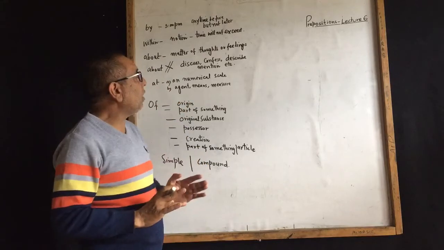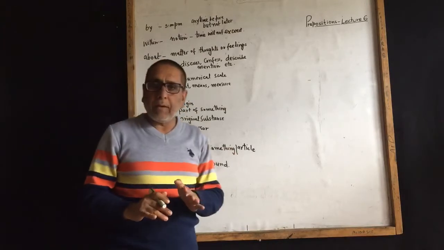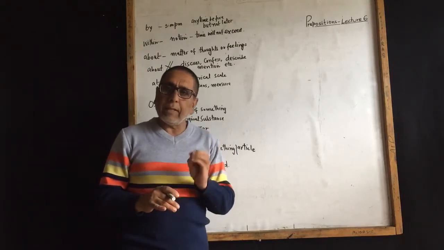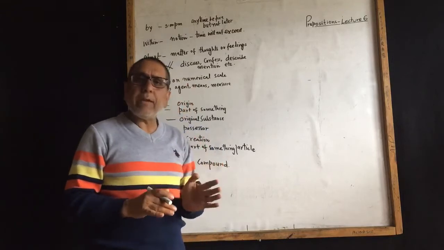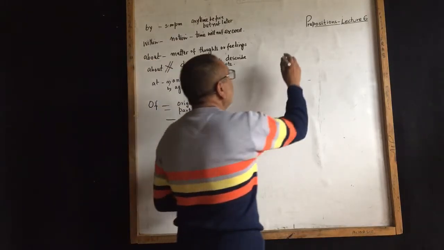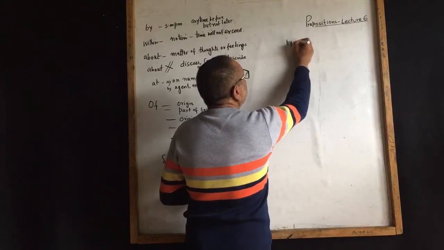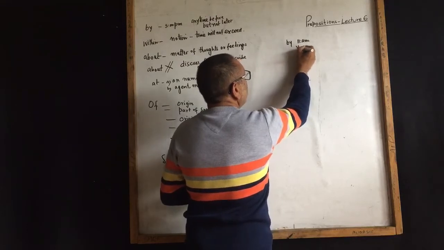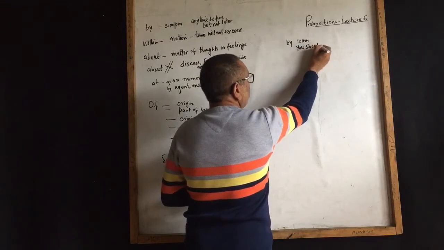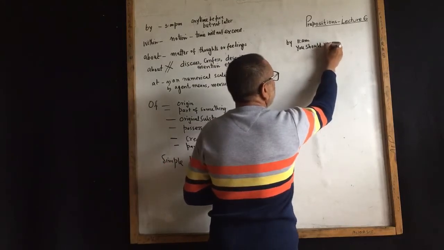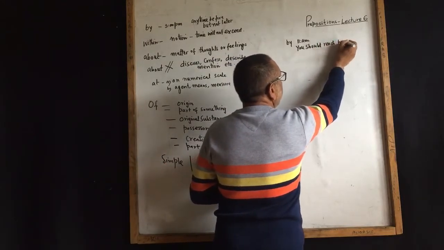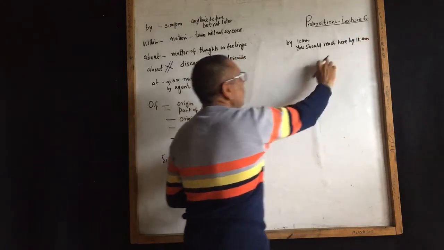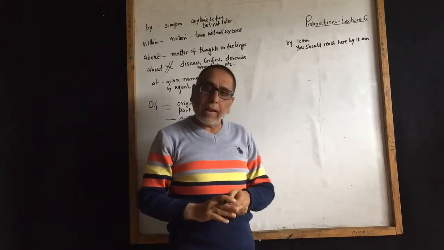For example, if you ask somebody, I will be here by 3 p.m. Okay, you have to be in the meeting by 3 p.m., means any time before 3 p.m. For example, you should reach here by 11 a.m. It means any time before 11 you may come.